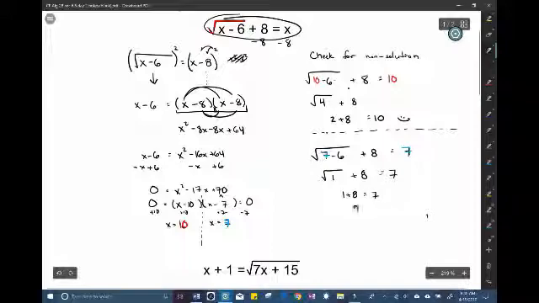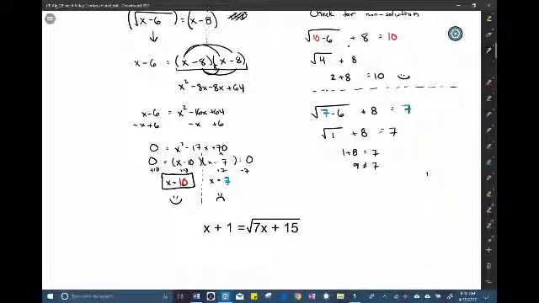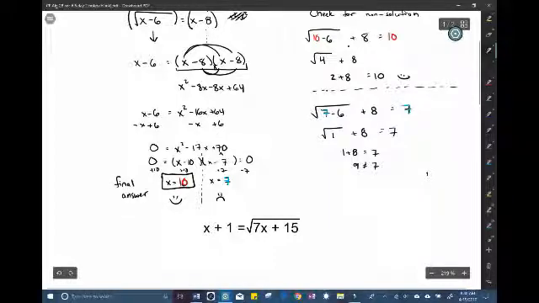That is false because 9 is not equal to 7. So the only real solution is x equals 10. That one is good. X equals 7 is not actually a solution. It's a trick. So x equals 10 is your final answer. You should specify whether or not they're extraneous or not.